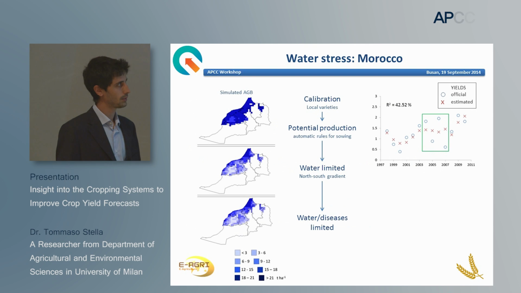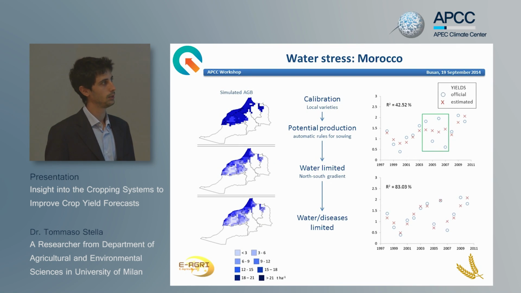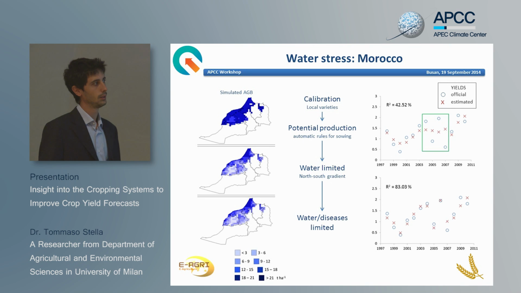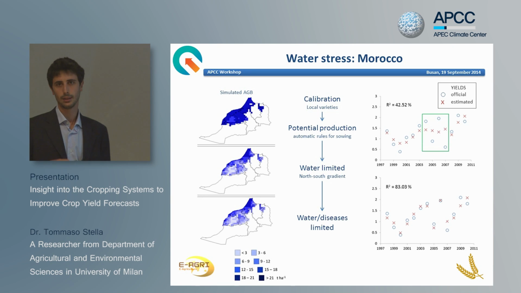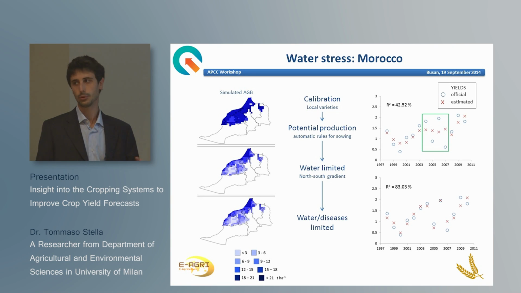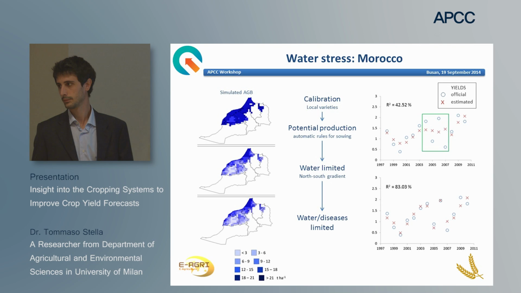And so once we had the simulation of water limitation, we see that the performance of the forecasting system is almost doubled. And in this case, we also added the simulation of diseases of these rusts, but it didn't increase the performance of the system.